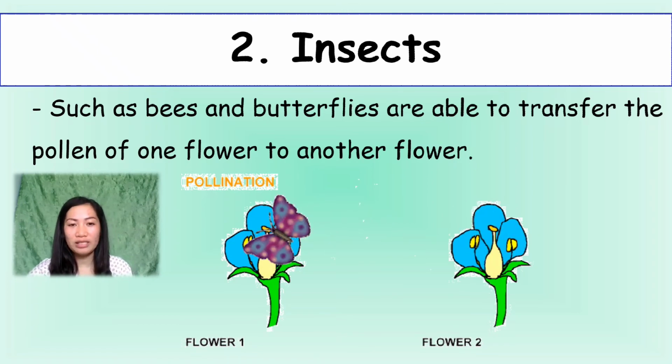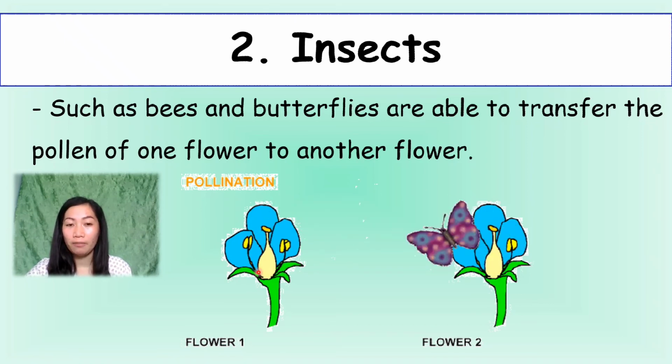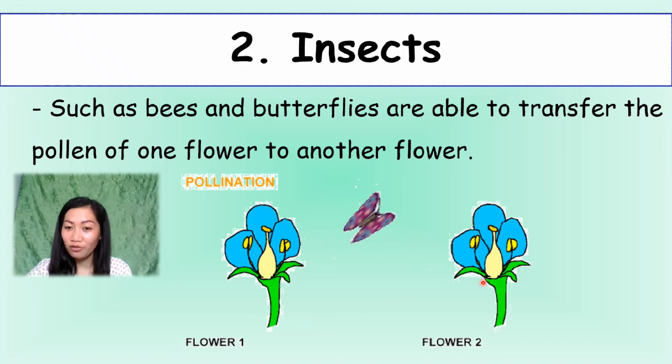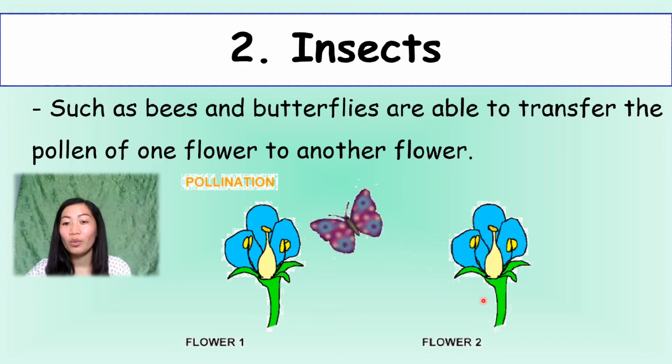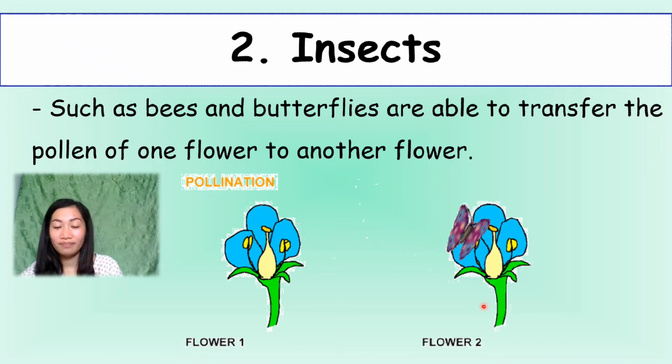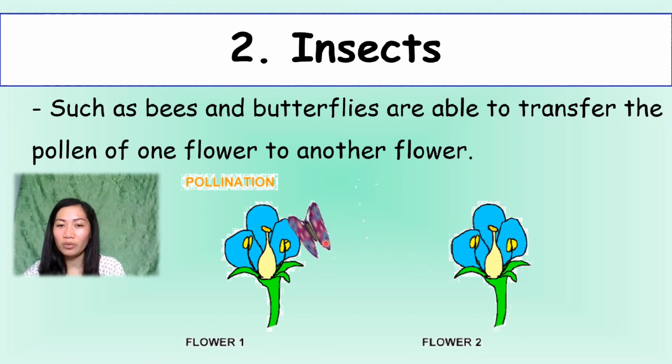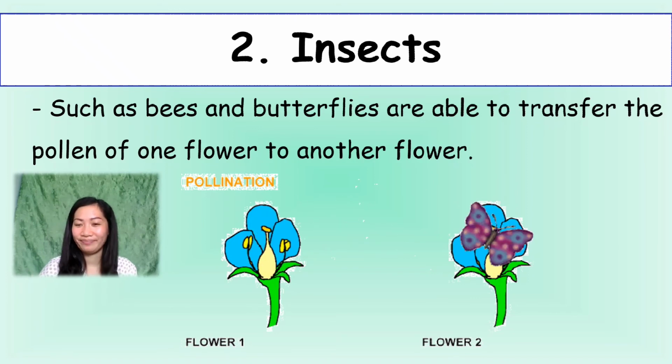For example, this butterfly. When this butterfly comes to this flower and goes to the second flower, flower two, it will bring pollen to the other plant, so that causes pollination.